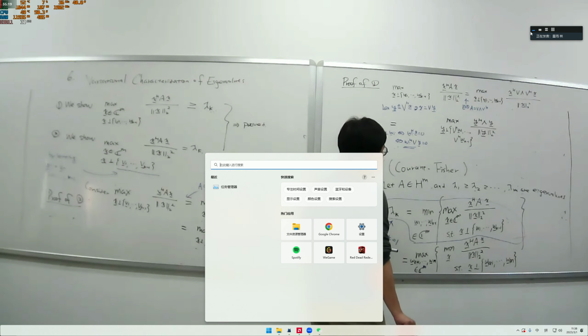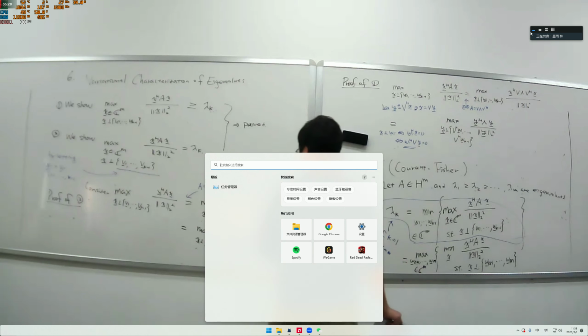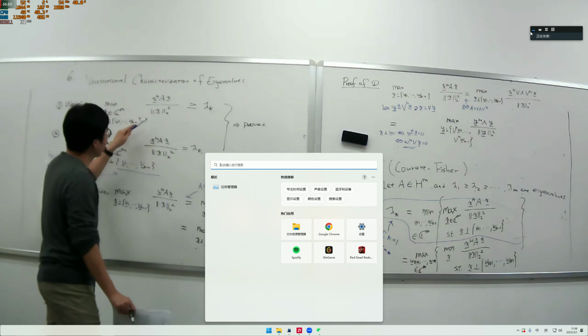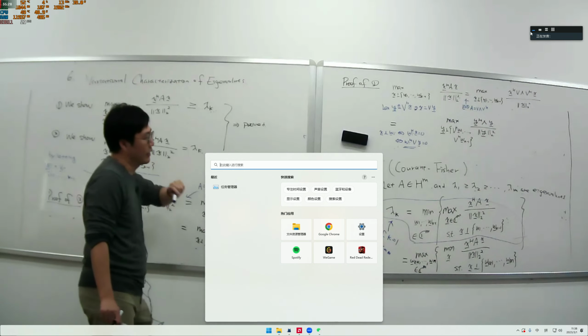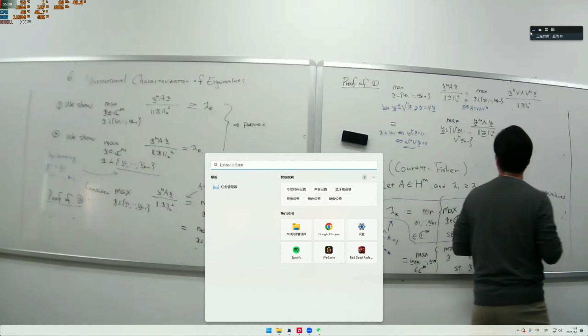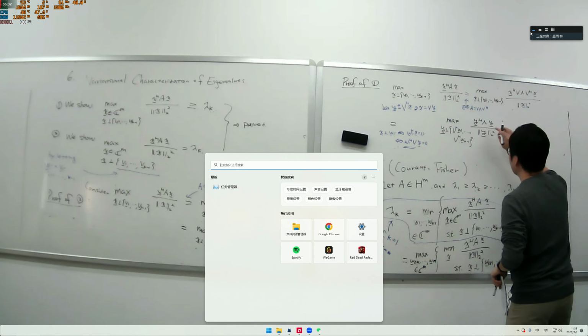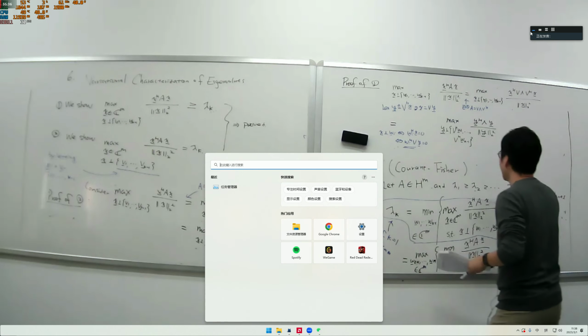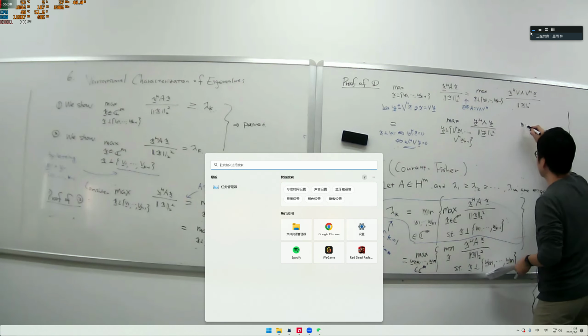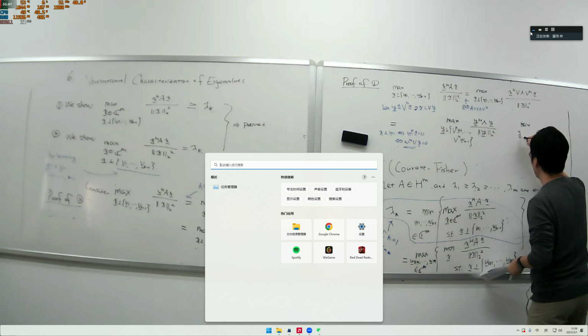So our goal is to show that the minimum is lower bounded by lambda k. In order to work this out, we add one more constraint to y.